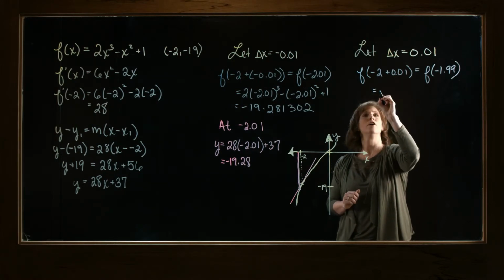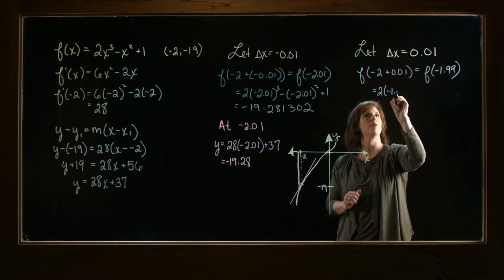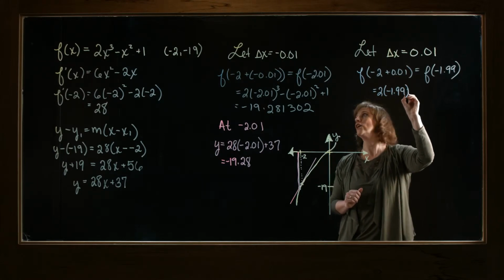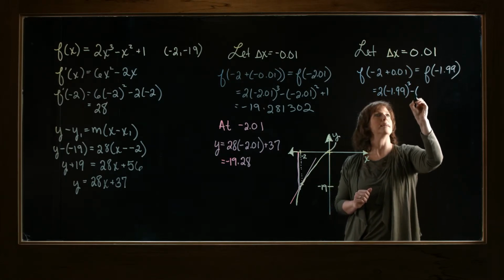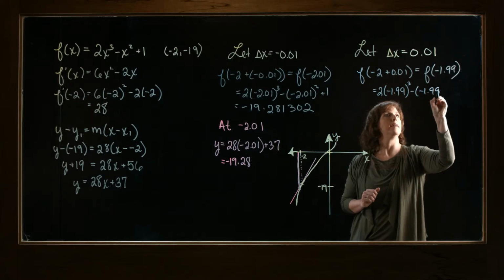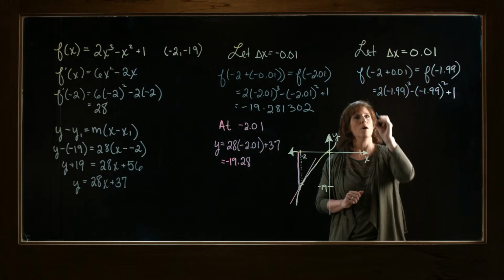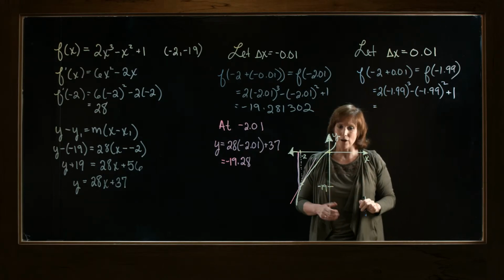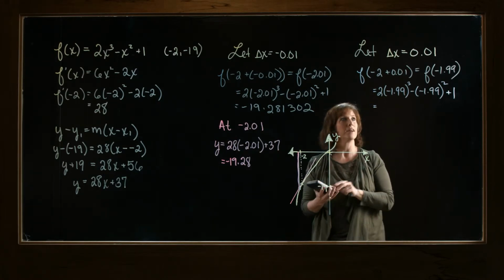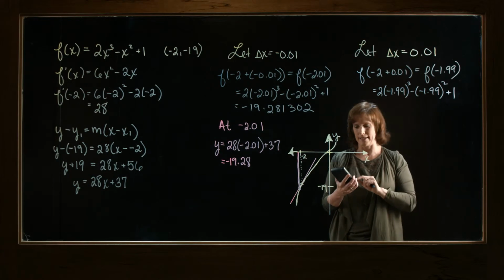So I'm going to have 2 times (-1.99) cubed minus (-1.99) squared plus 1. Once again, I have some number crunching to do, so I'll pull out my calculator and plug -1.99 into my function.